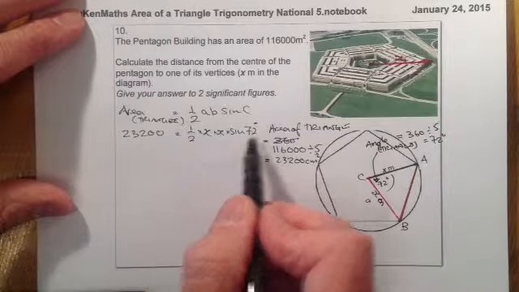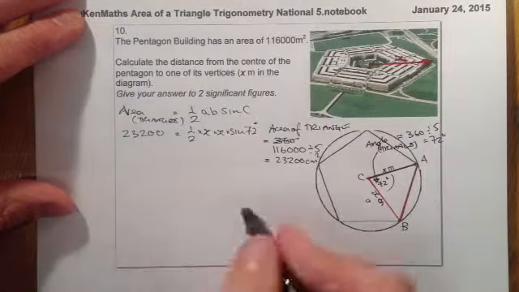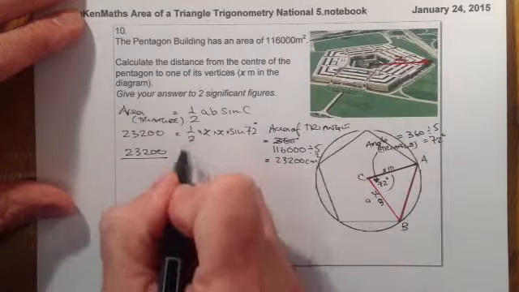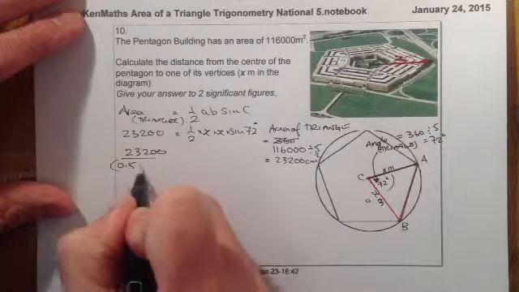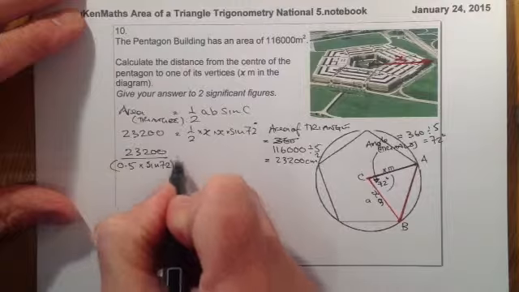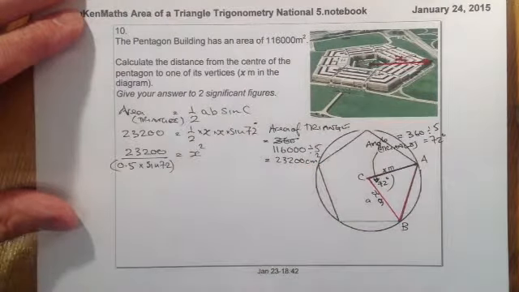That'll give me an X squared, and I'll divide by these things over on the left hand side. So 23200 all divided by 0.5 times sine of 72 degrees. Remember, X times X gives me X squared.